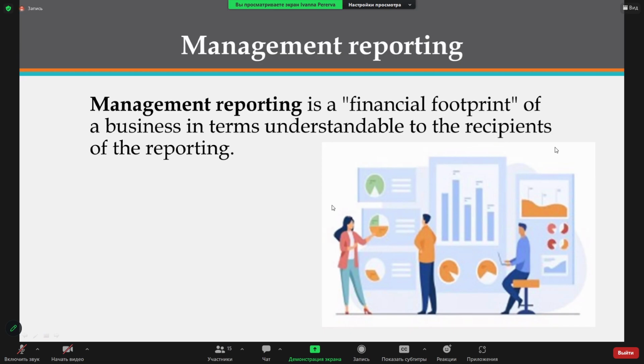That's why there are two types of reporting which can be used to analyze your finance. First one is accounting reports, and another one is management reports. The main difference between them is that accounting reporting is used for submission to some government services.